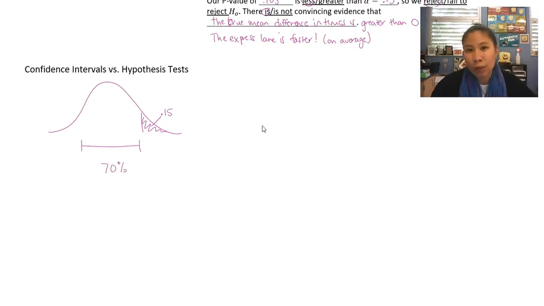So in our last problem that we did, if we were to make a confidence interval with the same data, using the same significance level, it would have corresponded with only a 70% confidence interval, which is kind of weird because when we think of alpha level of 15% or 0.15, it kind of sounds like the complement of 0.85 should have been the confidence level, but this is not the case when we're looking at one-sided tests.